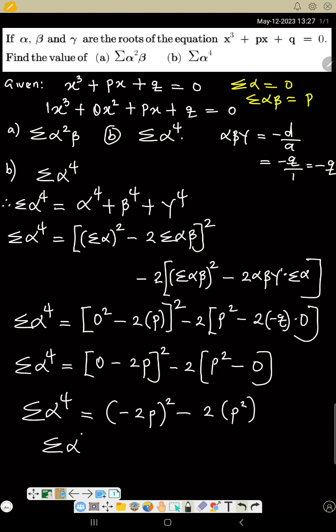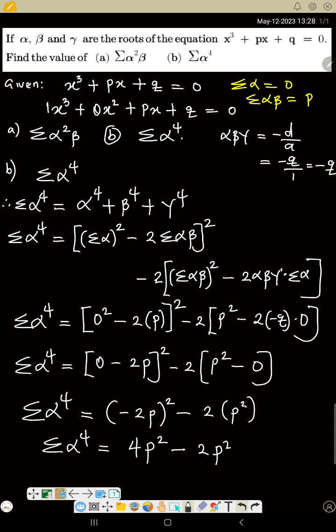So summation alpha raised to power 4, so this will be 4p square, because minus 2 square is 4, then p square, then minus 2p square. So 4p square minus 2p square.